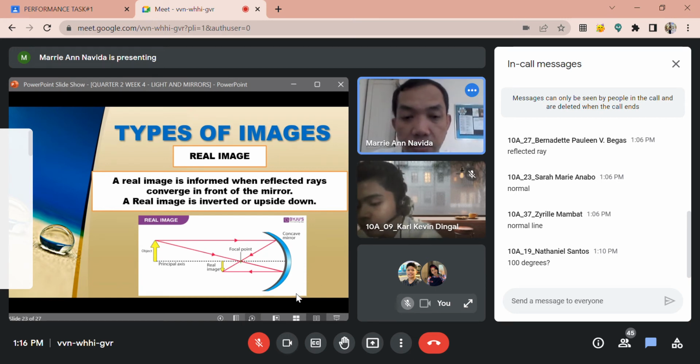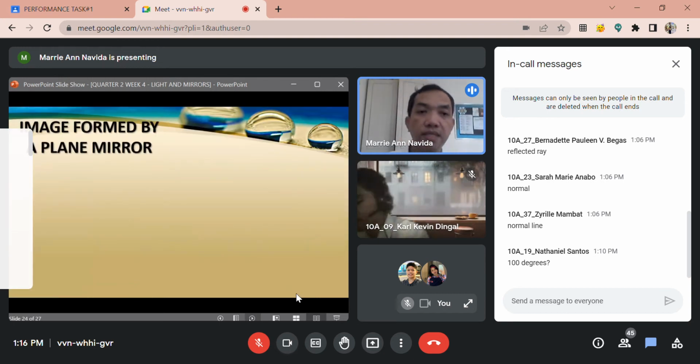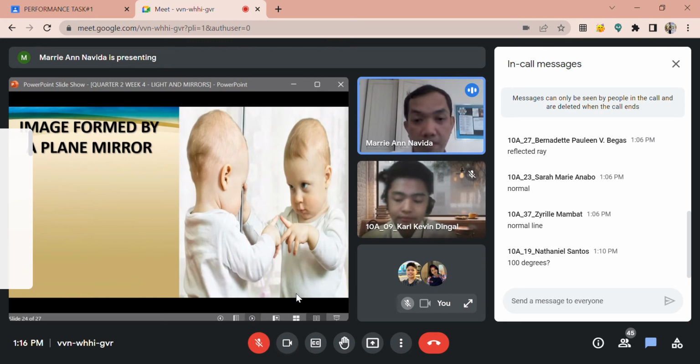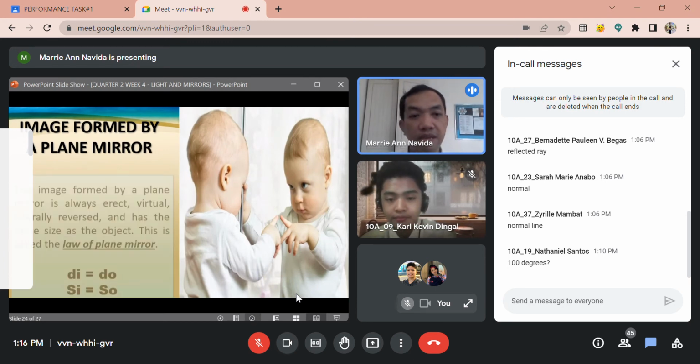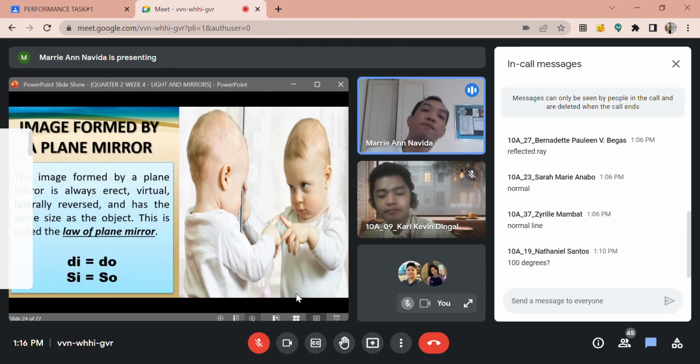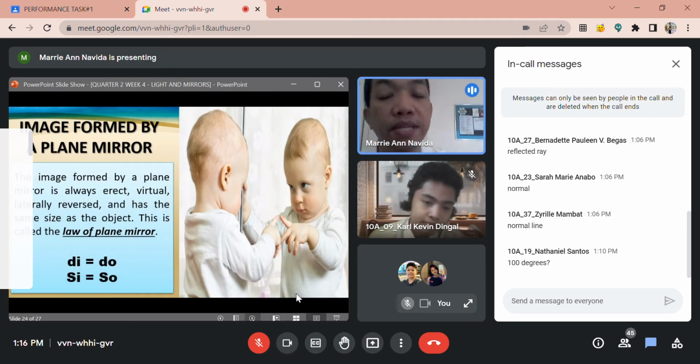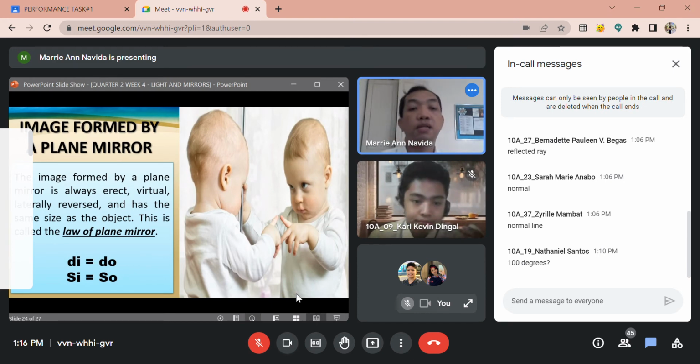Okay? So, next, the image formed by a plane mirror. What you can see, of course, is the image. The image formed by a plane mirror is always erect. When we say erect, it's virtual, or upright.